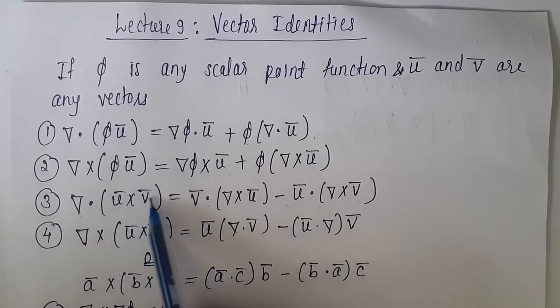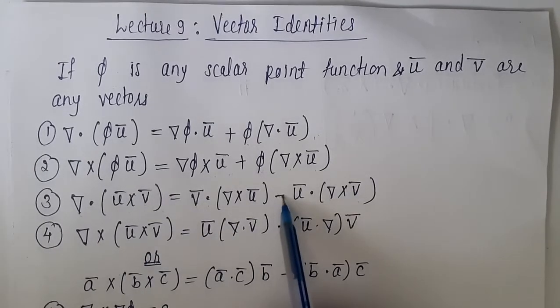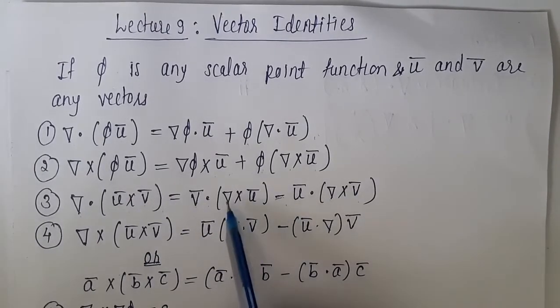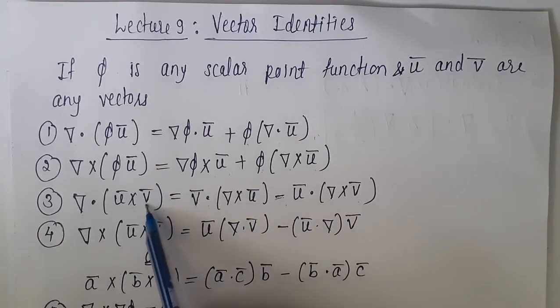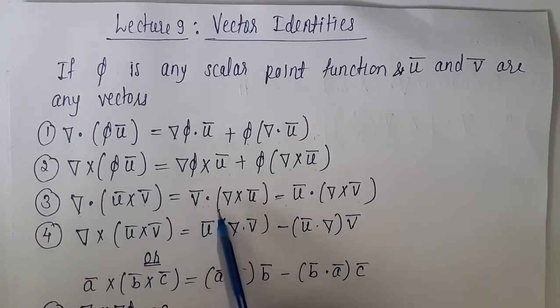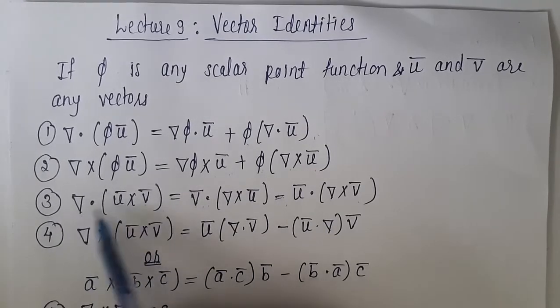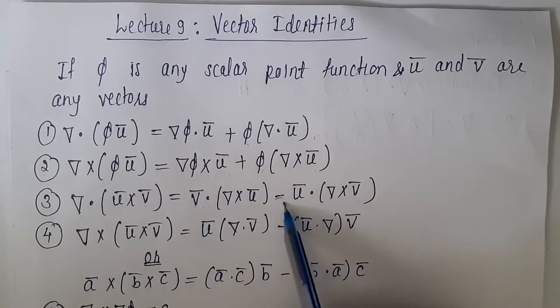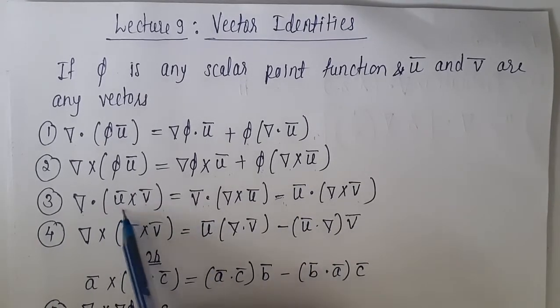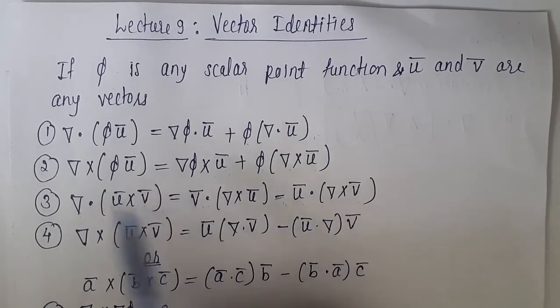What you have to remember here is that in between we have a minus sign. First we take the last vector, v, dot the cross product of the first two, that is del cross u, minus the first vector u dot del cross v.